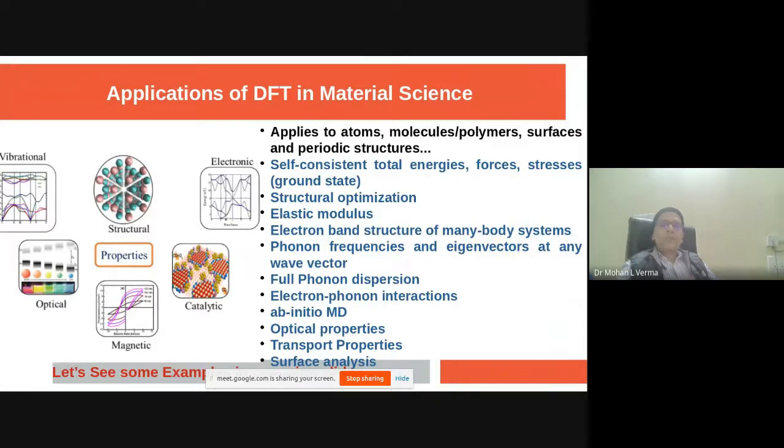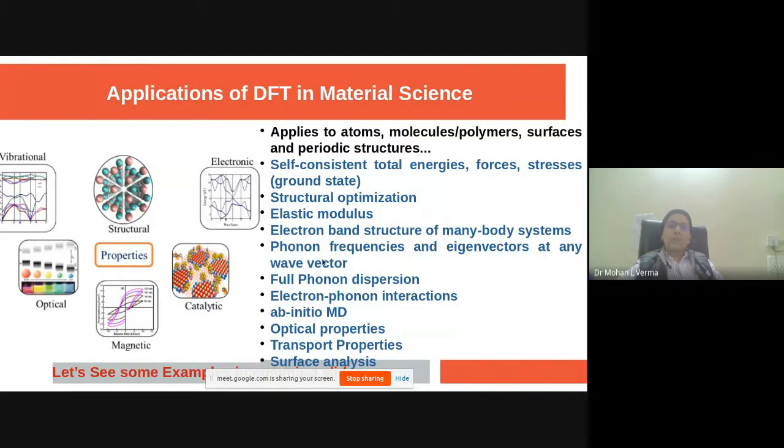Some applications. This applies to atoms, molecules, polymers, surfaces, and periodic structures. You can get the self-consistent total energy, forces, and stresses at the ground state. Structural optimization: you can get the optimized structure, elastic modulus, mechanical properties, electron band structure, many-body system, phonon frequencies.